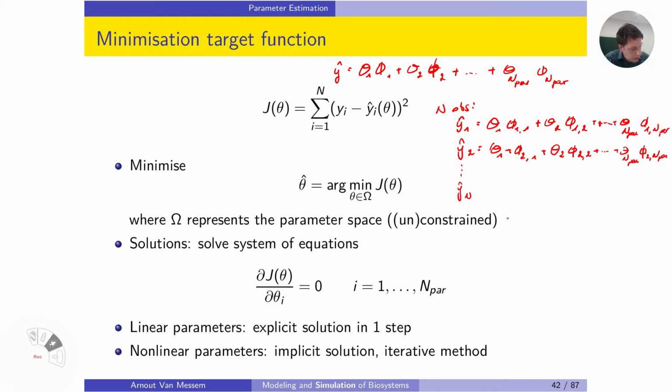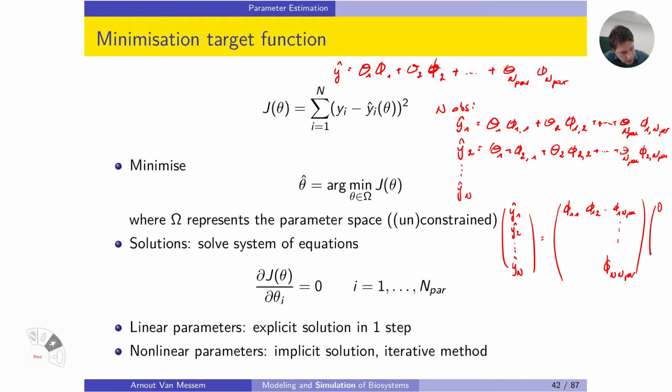So if you have this, it becomes y1 hat, y2 hat, up to yn hat, equals the matrix of all the phi's, so the variables, phi 1,1, phi 1,2, up to phi 1,n_par, and so on up to phi n,n_par, times theta 1, theta 2, up to theta n_par.